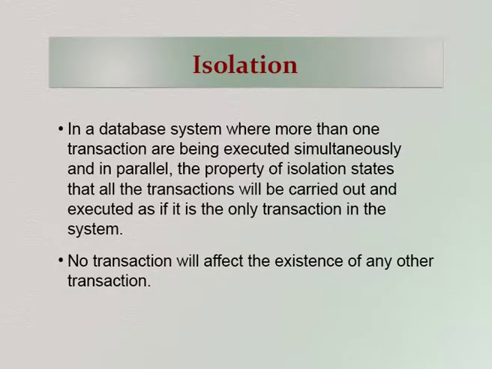The next property is the isolation property, which talks about the updates. In a database system where more than one transaction is being executed simultaneously and in parallel, the property of isolation states that all the transactions will be carried out and executed as if each is the only transaction in the system. It should not mix up with other transactions, and even when operations are going on in parallel, it should not interfere.